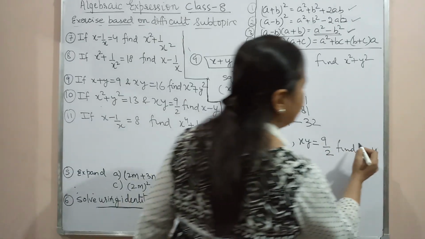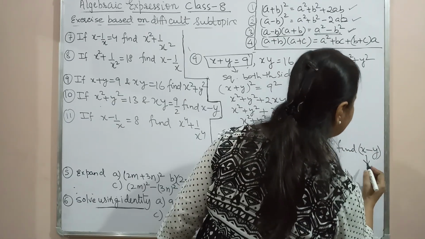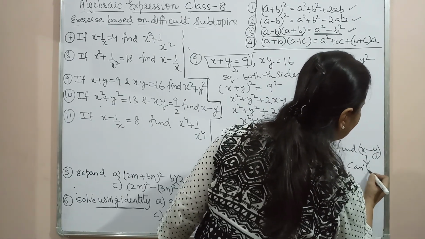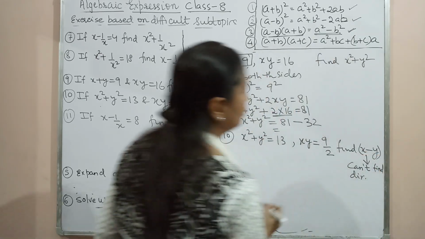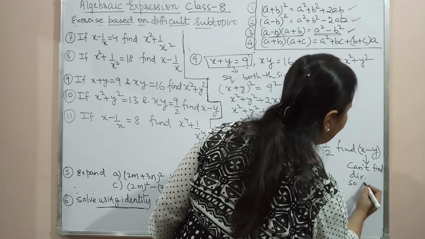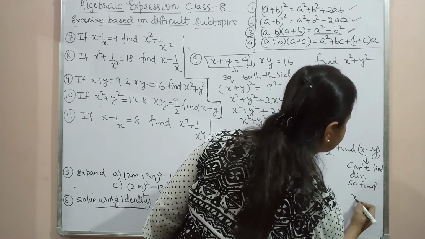And here again we cannot find directly. So what to do? Find the square of x minus y.